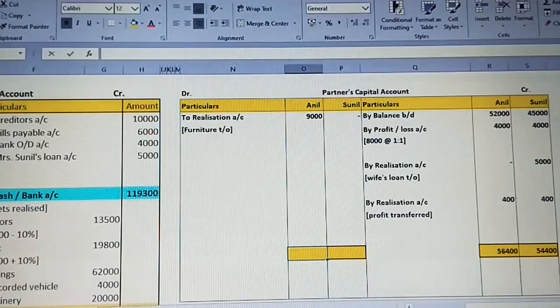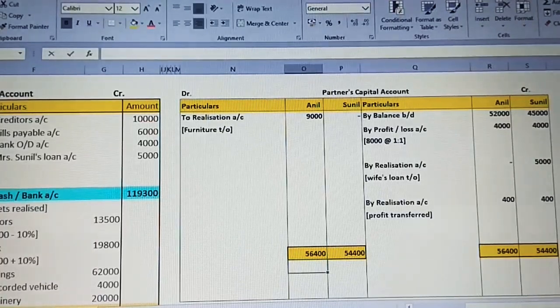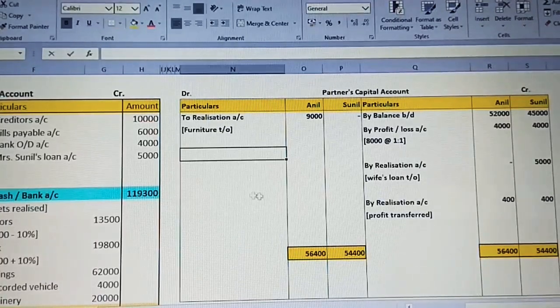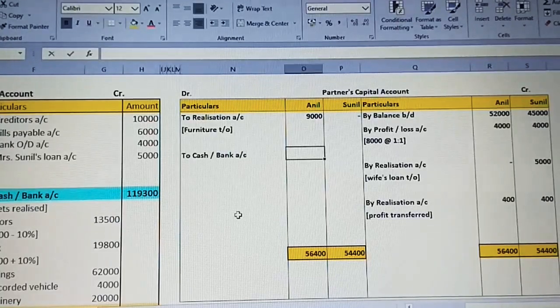So 56,400 for Anil and 54,400 for Sunil. Do we have any other adjustment? No. Now this is going to be the final settlement to be made for the partners.